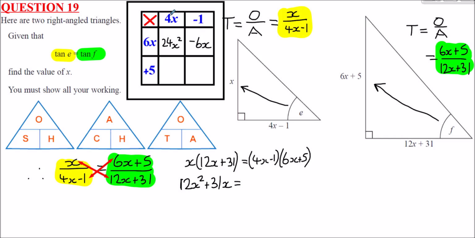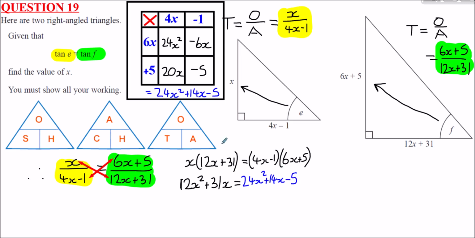Down here, 4x times 5 is 20x. And the final box, 5 times minus 1, gives minus 5. Simplifying, I've got 24x squared, 20x take away 6x leaves 14x overall, and minus 5. So I can replace this with 24x squared plus 14x minus 5.